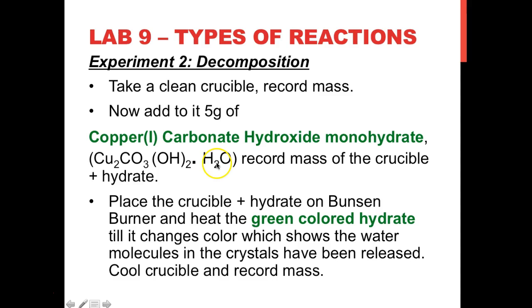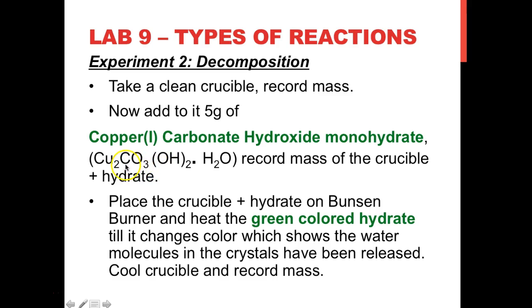So this hydrate is green in color, and then you're going to heat it and it'll change color. Now, unlike the other hydrate which simply loses water, here it will lose this water as well as lose another molecule of water from this hydroxide part and carbon dioxide as well.